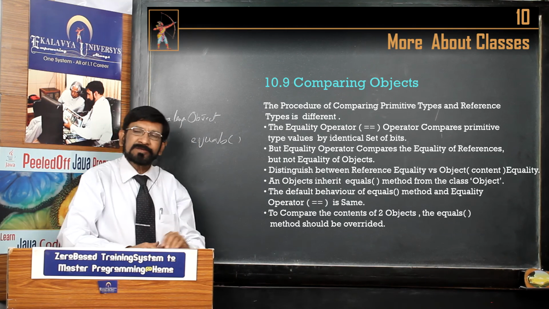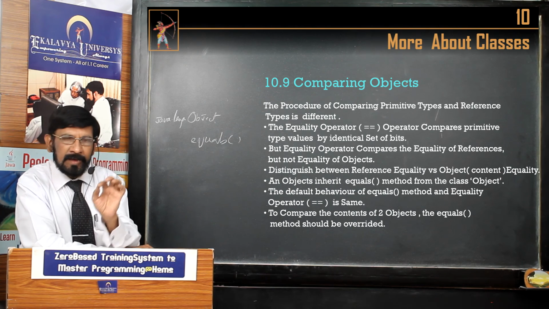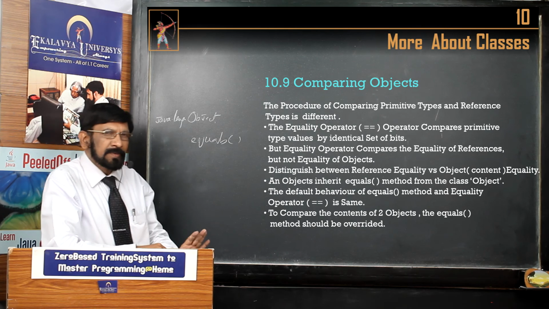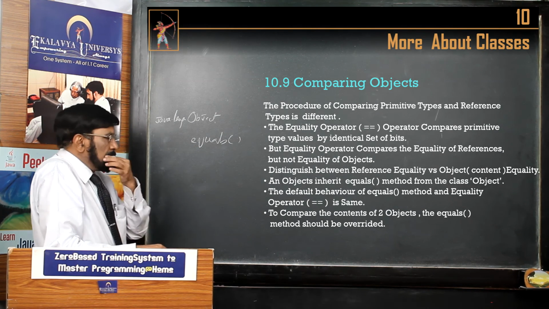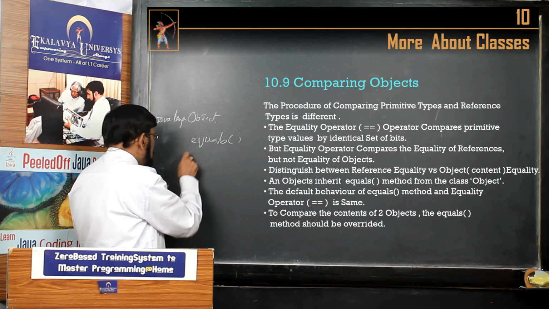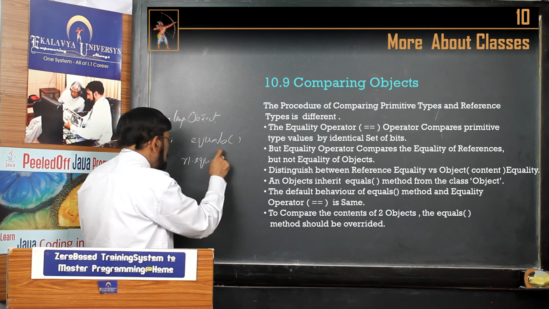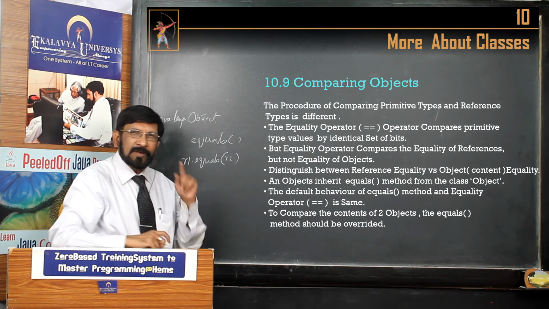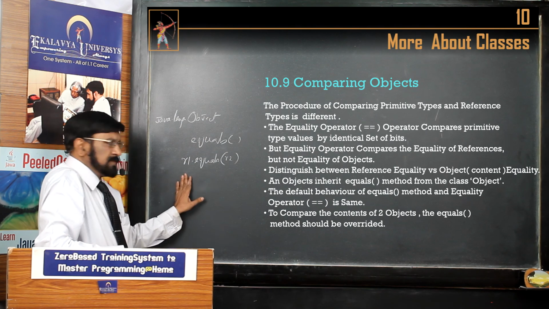One of such methods is equals. It is used for comparing the equality of two objects. So here we have to write R1.equals(R2). But one very important point to notice is its behavior.